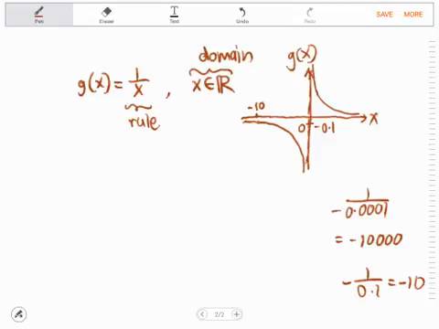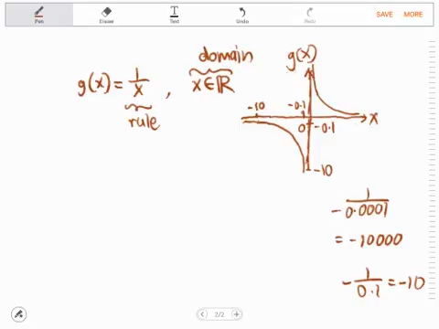So you're going to get closer and closer. And if this is minus 0.1, then this will be minus 10. As it gets closer, this value is going to get larger and larger. So we see that this is the graph of 1 over x.